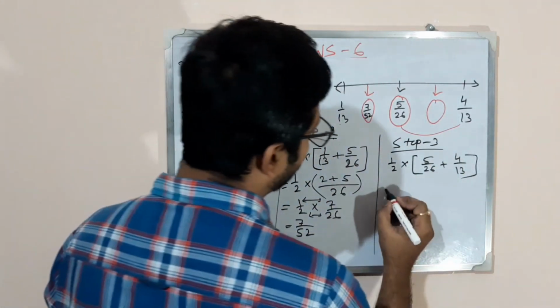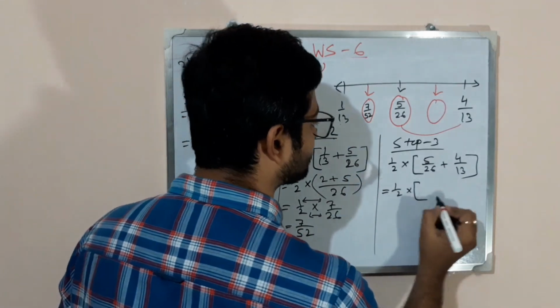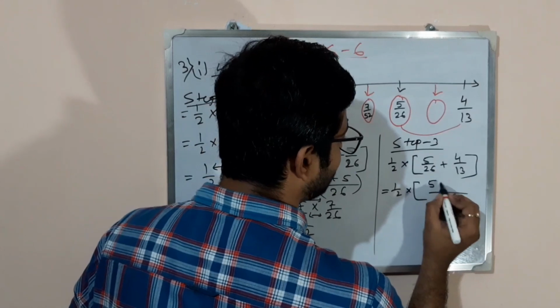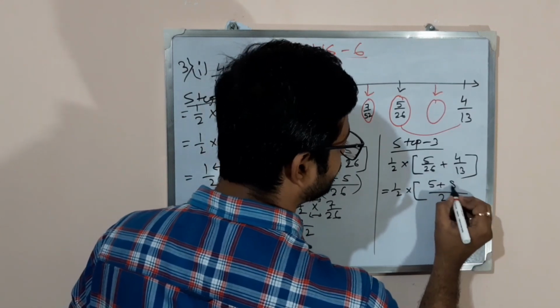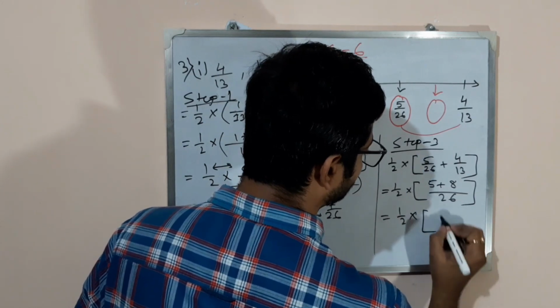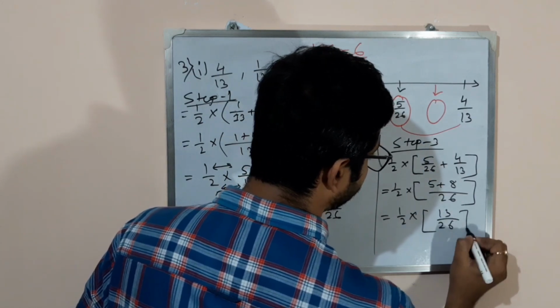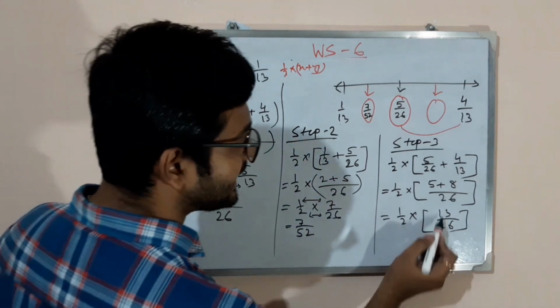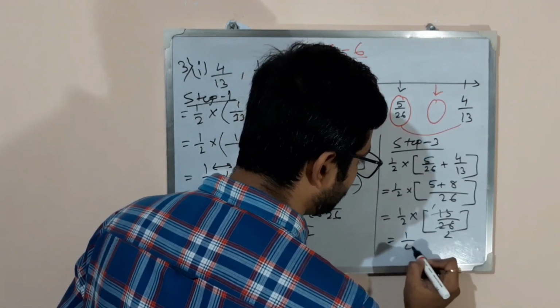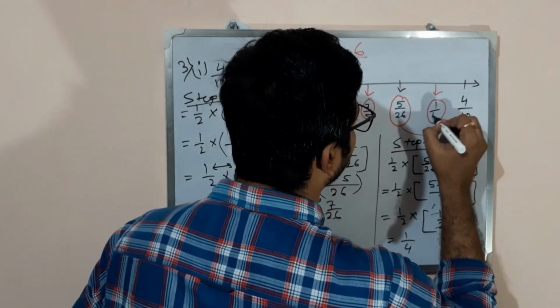Okay, now half into, 26 is the LCM. So 5 plus, 13 2s are 26, so 4 2s are 8. Half into 13 by 26. So you can see this can be cancelled. 13 1s are 13, 13 2s are 26. So 1 by 4. So we'll write over there 1 by 4.